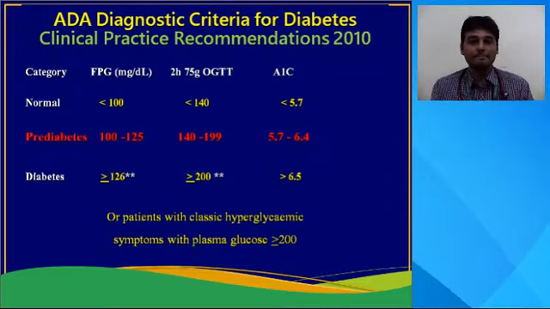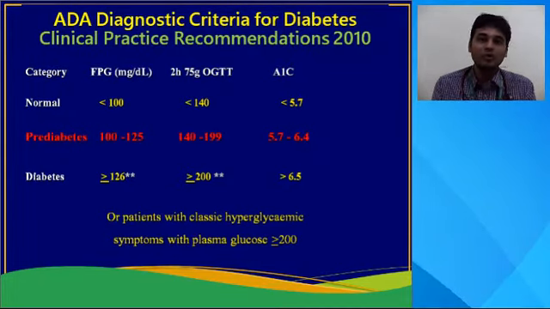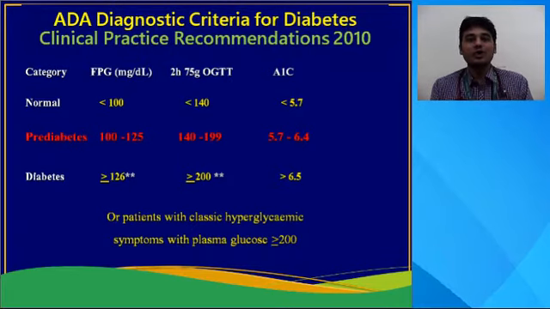I want to introduce a term, pre-diabetes, that is impaired fasting glucose and impaired 2 hour 75 gram OGTT. When the fasting values are between 100 and 125, we call it impaired fasting glucose or pre-diabetes. When the 2 hour value is between 140 and 199, that is impaired. The HbA1c between 5.7 and 6.4 is a pre-diabetic state.